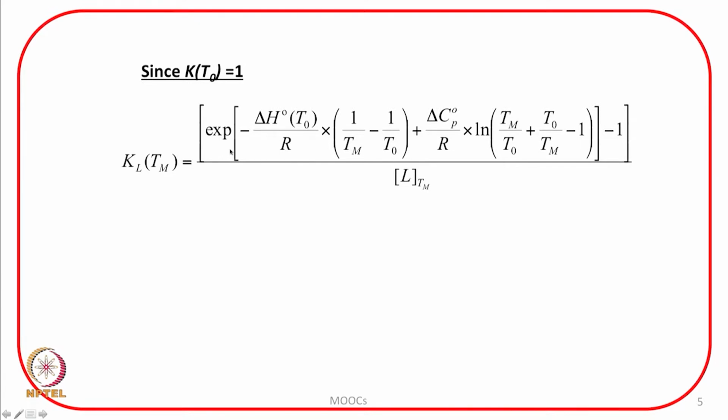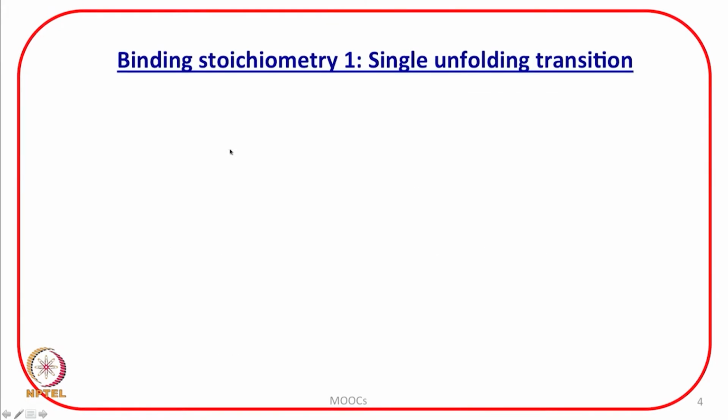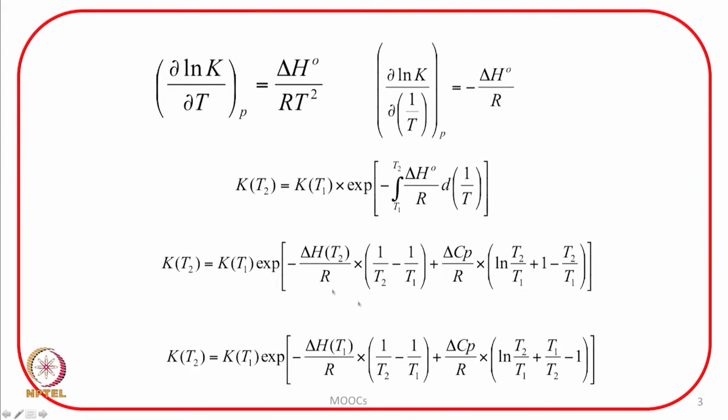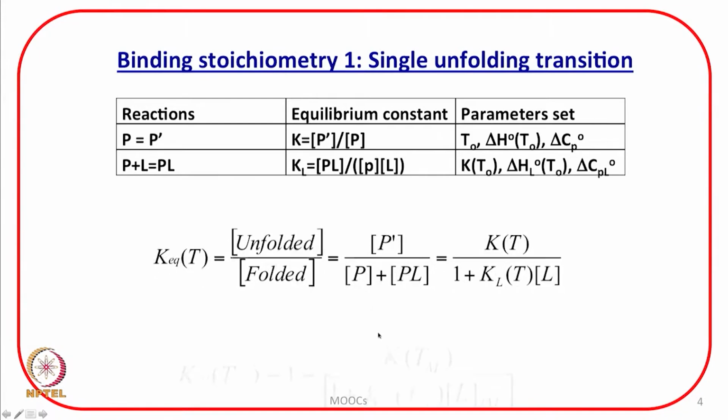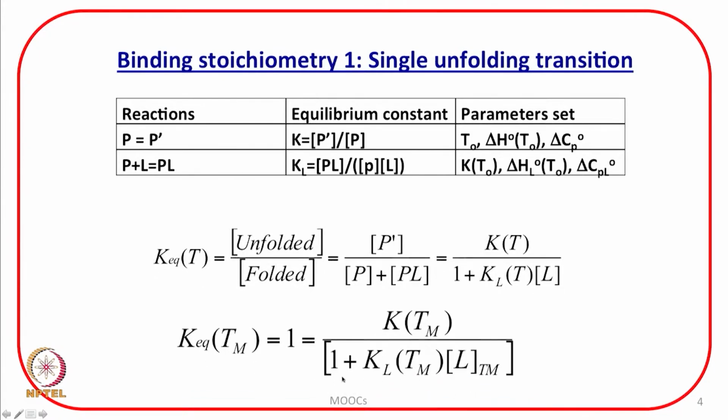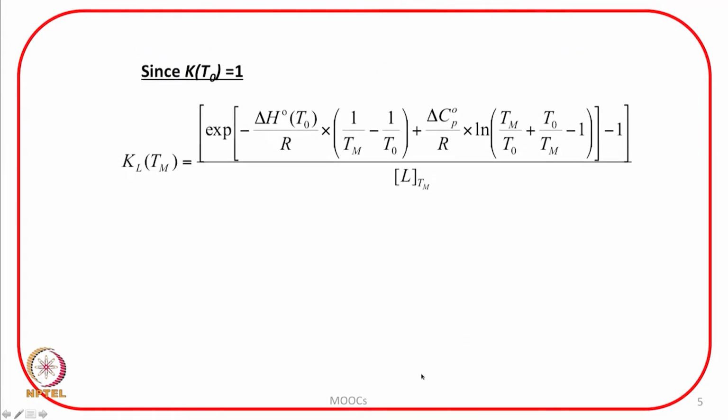Let me just go back and highlight that. By using one of these two equations and also by using this equation, what we arrive at is KLTM is equal to exponential of minus delta H naught at T0 by R into 1 by Tm minus 1 by T0.